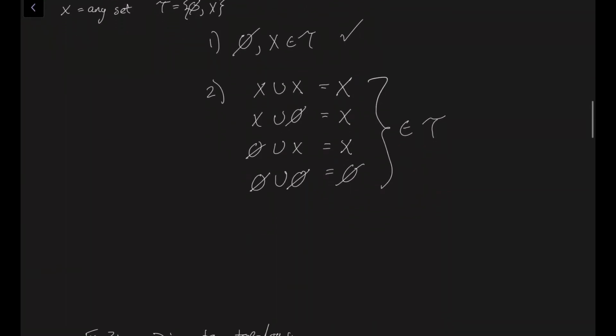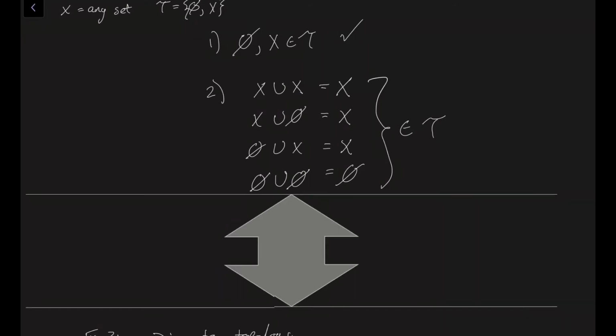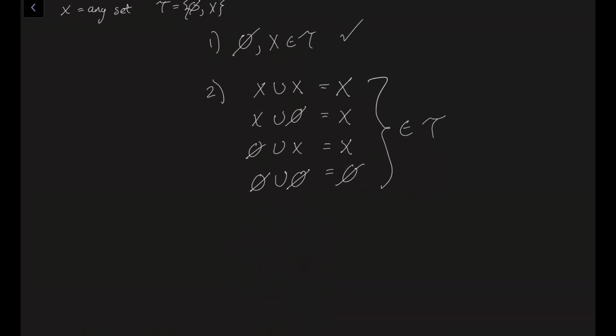Now let's go ahead and take a look at 3. So axiom 3 states finite intersections of elements of tau are still in tau. So we're just going to go through X intersect X, X intersect the empty set, the empty set intersect X, and the empty set intersect itself.